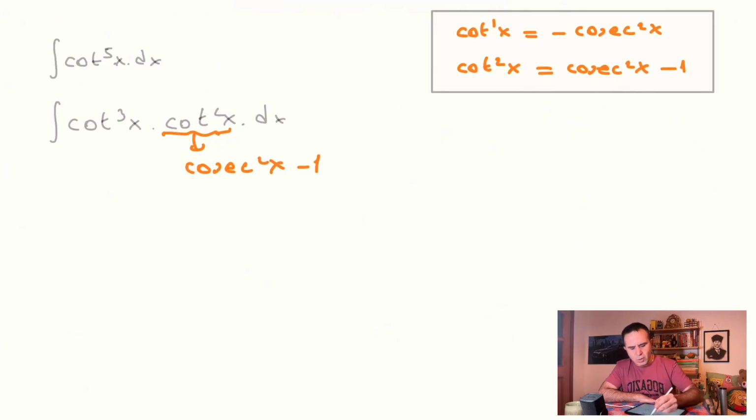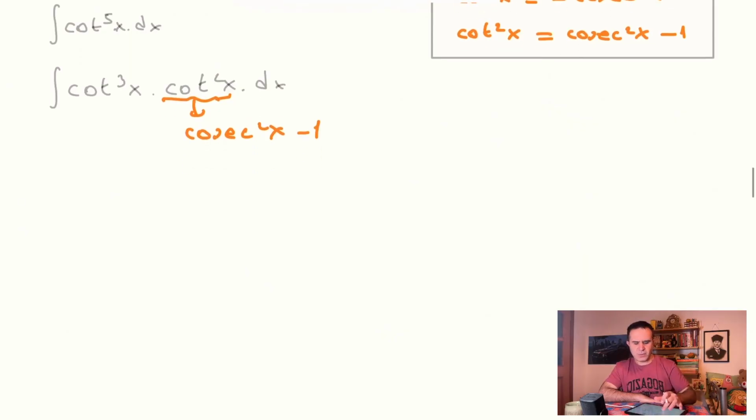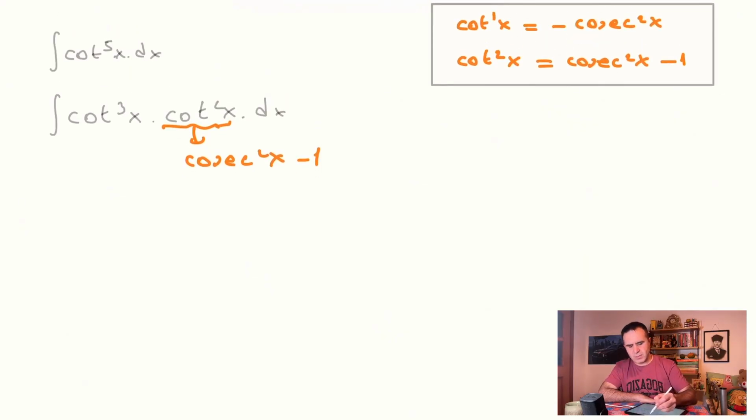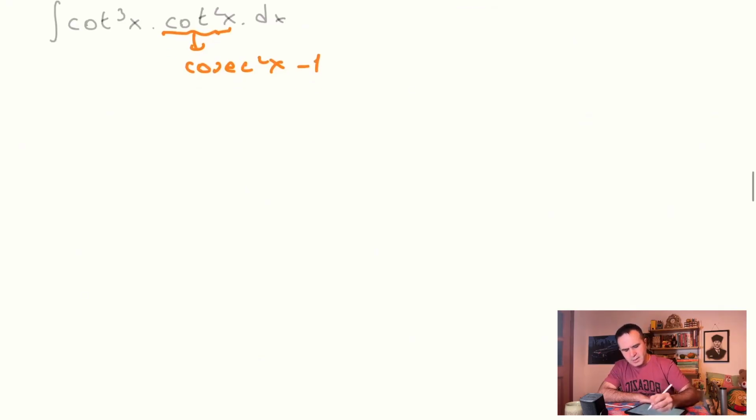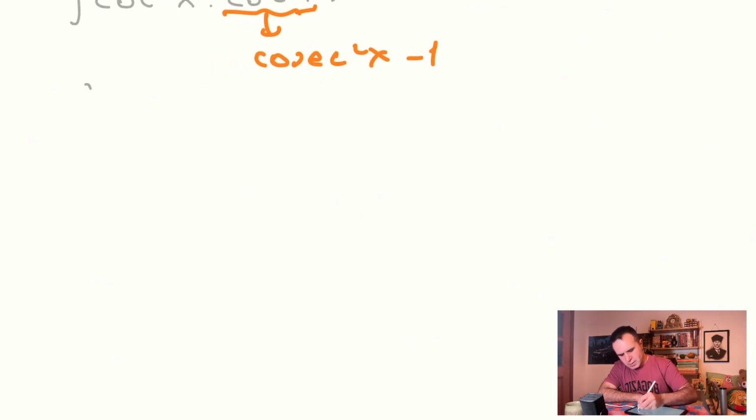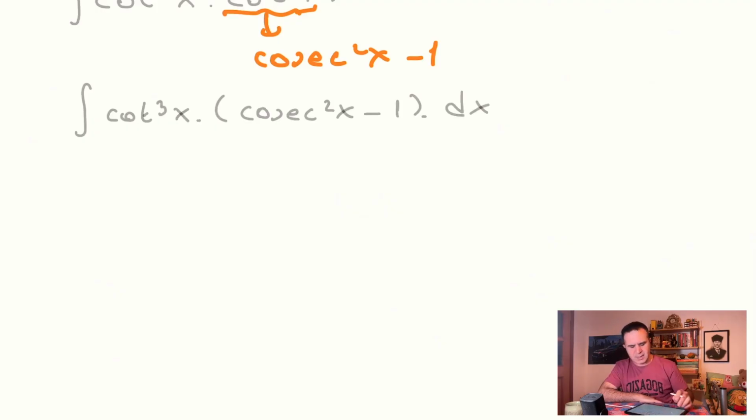We always use this same method when we have powers such as 7, 9, etc. And the integral becomes the integral of cotangent cube x times cosecant square of x minus 1 dx.